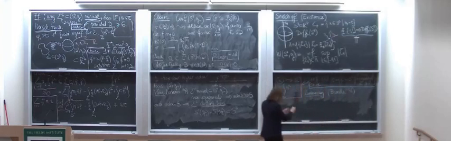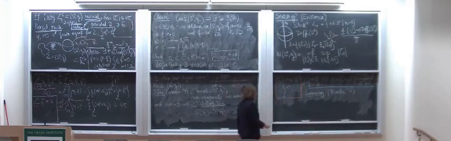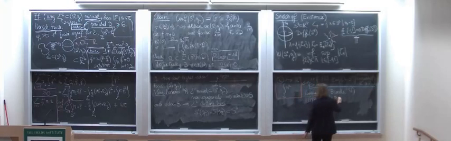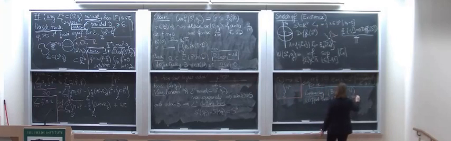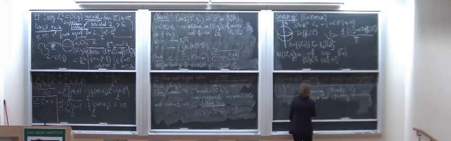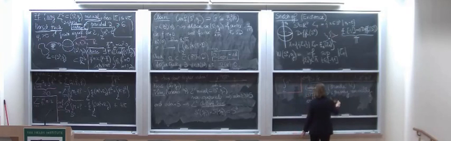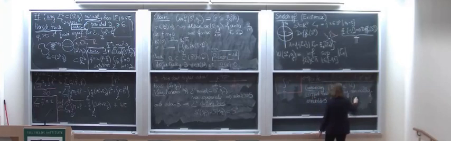So the Lawson conjecture, which is a theorem, says that the Clifford torus is the only minimally embedded torus in S3 with a round metric.